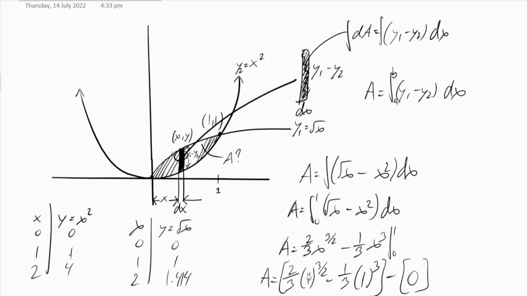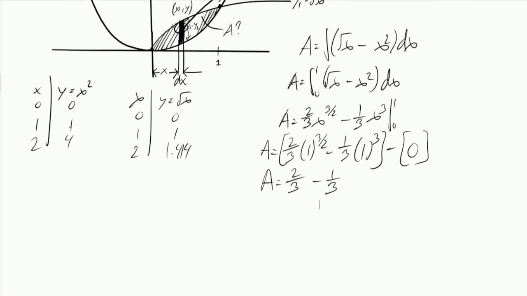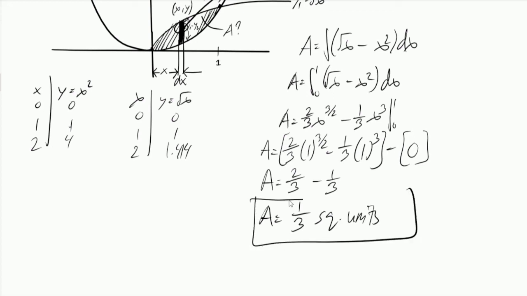So if we multiply it to the fractions 2/3 and 1/3, it will remain as is. So if we subtract 1/3 from 2/3, the answer will become 1/3 square units. And that is the final answer. That's all for today. Thank you for watching. I hope you enjoy.